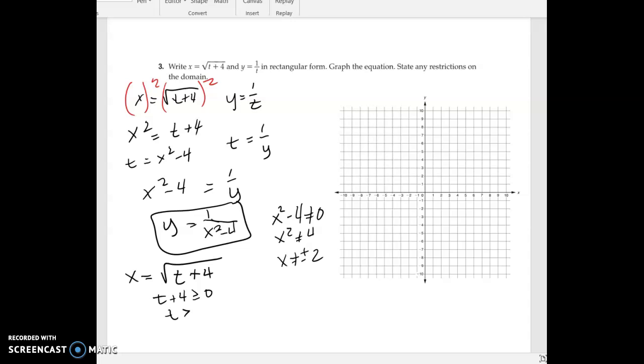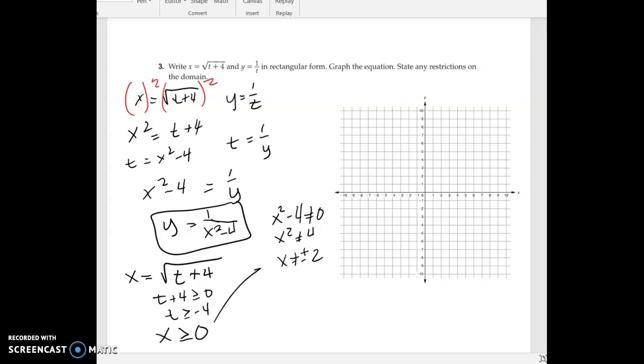And so t is greater than or equal to negative 4. If t is negative 4, that would give us 0. So we can take the square root of 0, which is 0. And then anything larger than that would be positive. So that tells me that x is going to be greater than or equal to 0, given that t is greater than or equal to negative 4.